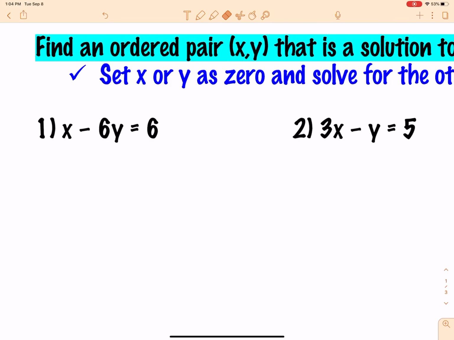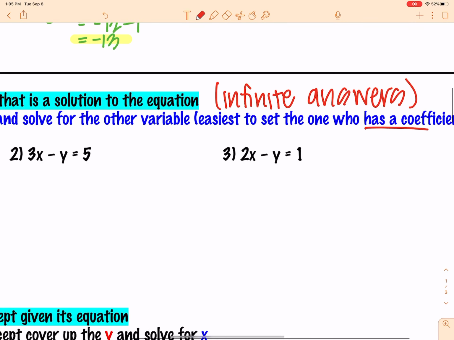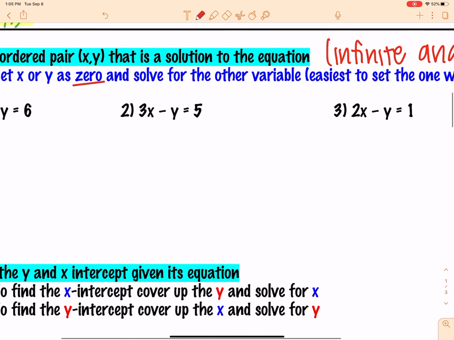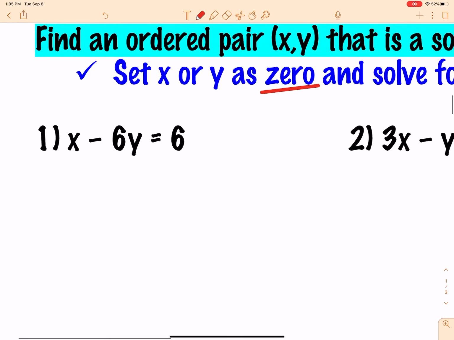And I'll give you an even easier number to deal with. Why don't we use 0? Okay, so what I would like to do is set x or y to 0 and solve for the other variable. The one that you should set equal to 0, though, is the one that has the bigger coefficient. Okay, so for number 1, the one that has the biggest coefficient is y.